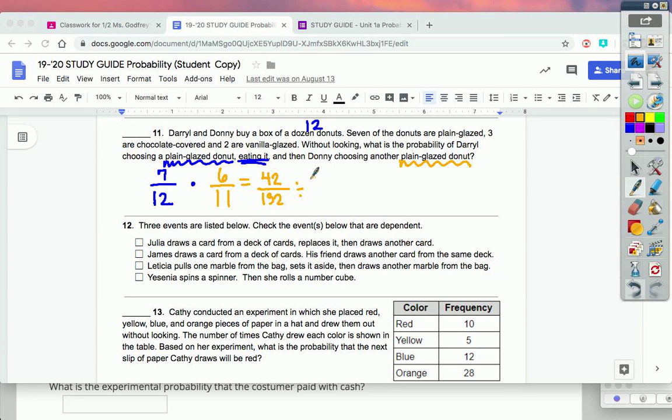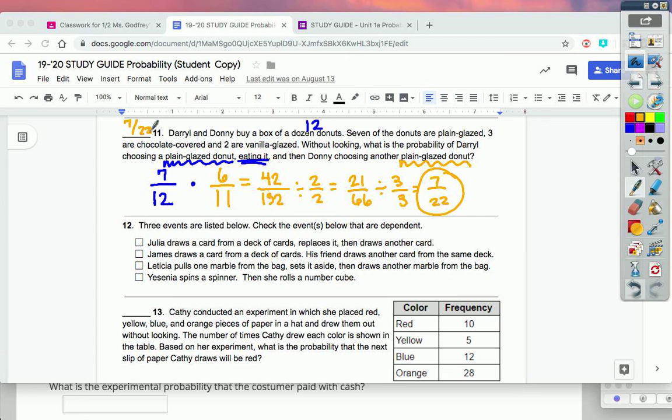This can be reduced starting with 2 if you want to. There is a larger number that you can use. That's 21 over 66. We can reduce it again by using 3, which will be 7 over 22. That is our probability. So your answer here is 7 over 22.